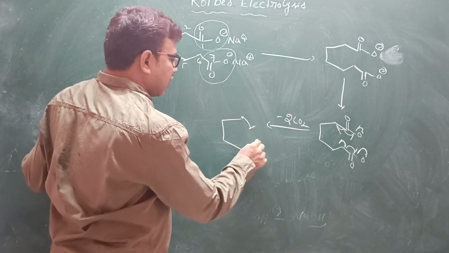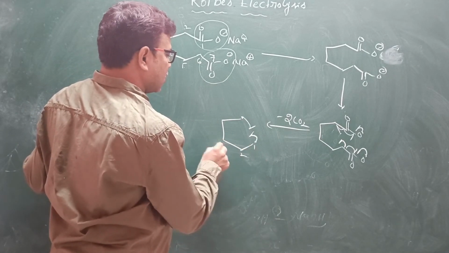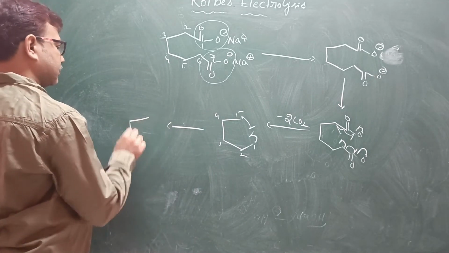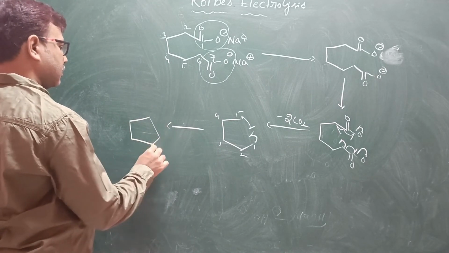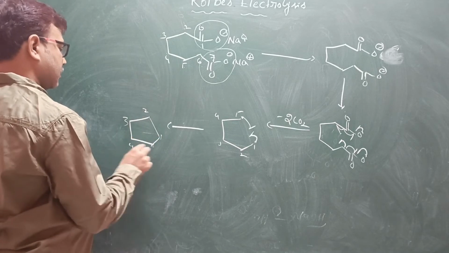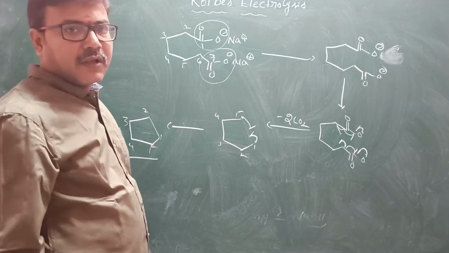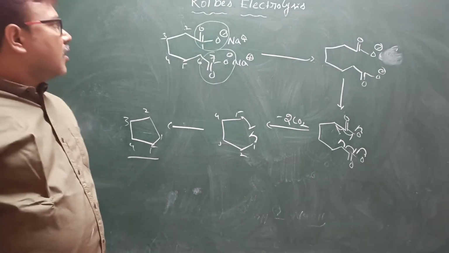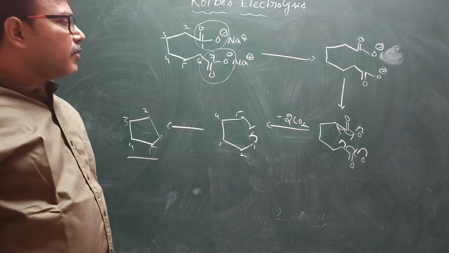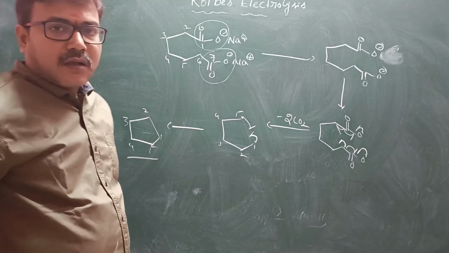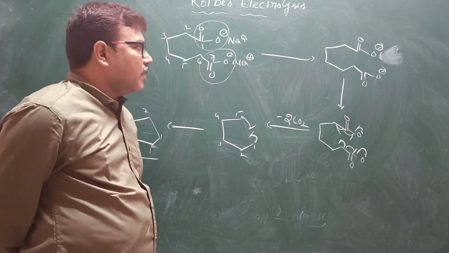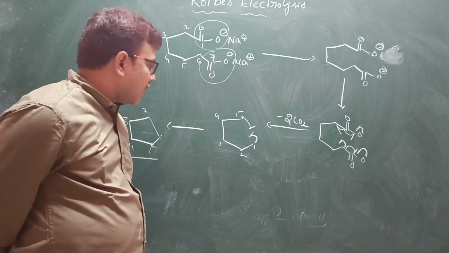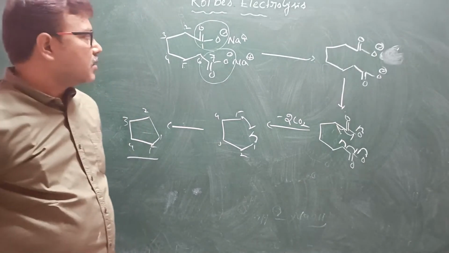Now they are involved in bond formation, 1, 2, 3, 4, 5, to give a 5-membered ring, to give cyclopentane. So it is an intramolecular Kolbe's electrolysis. So Kolbe's electrolysis is useful for the preparation of alkanes, alkynes, and also cycloalkanes.